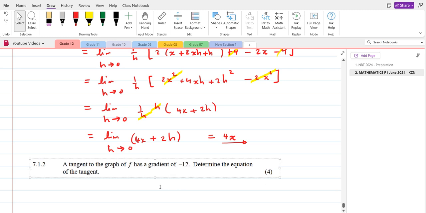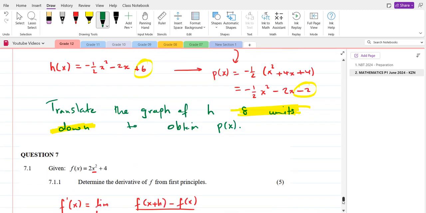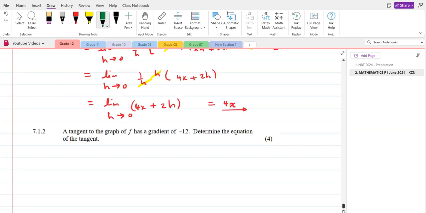A tangent to the graph of f has a gradient of minus 12. Determine the equation of the tangent. Right, so we have a graph of f, which is a parabola function, 2x squared plus 4. It's a graph like this, the 2x squared graph shifted 4 units up.